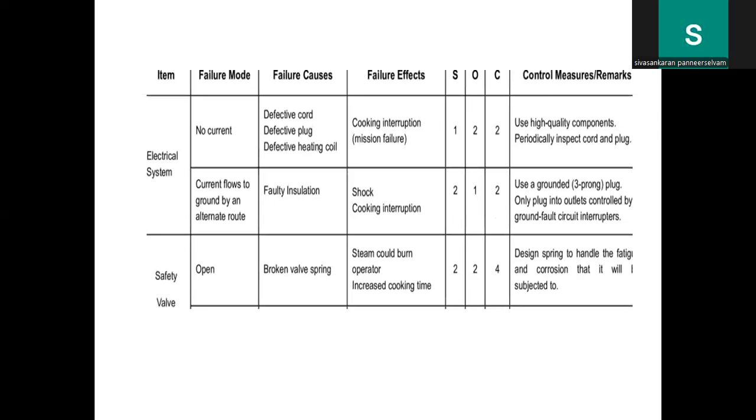And this table tells about a case study of different real-life examples, showing how the failure mode effect and critical analysis can be practically applied by quantitative analysis. Here, first, take an item of interest, an electrical system. What different failure modes occur in the given electrical system?